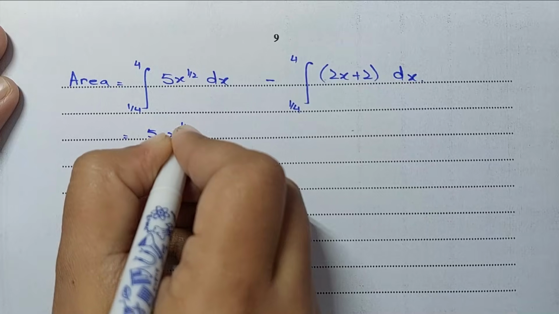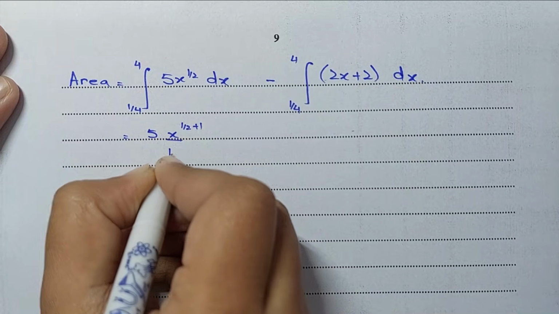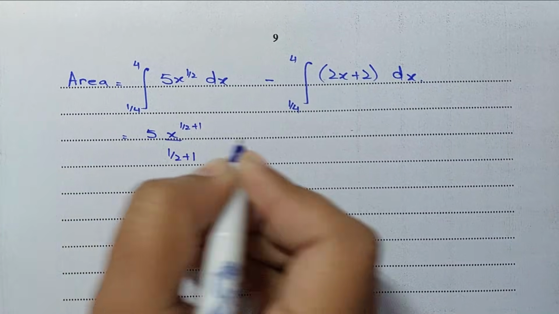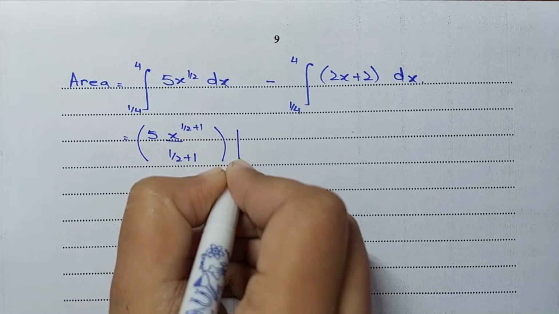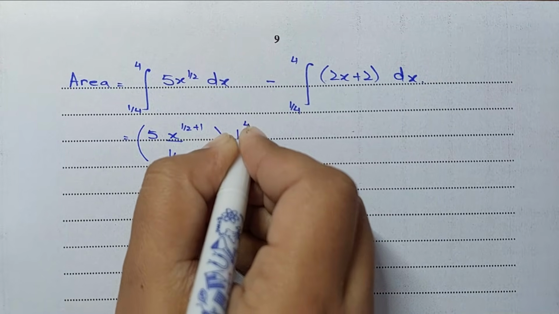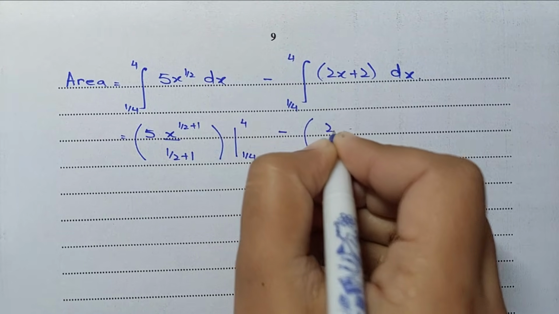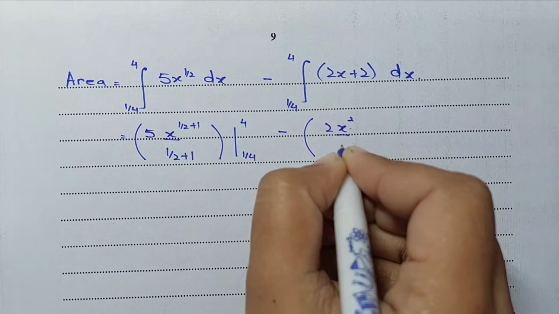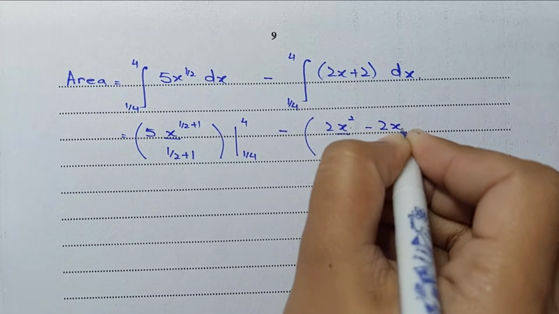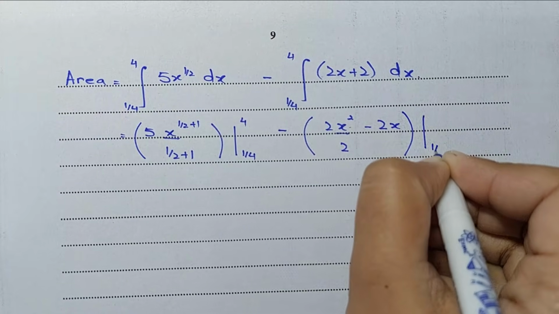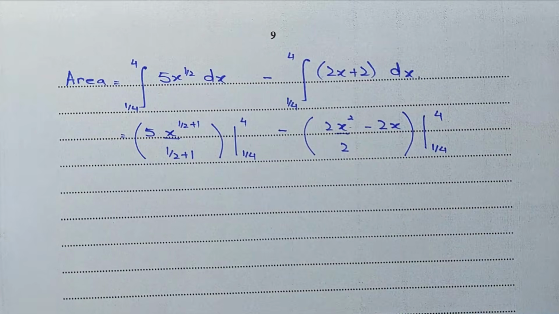5x to the power 1 by 2 plus 1, over 1 by 2 plus 1, using the power rule of integration. The limits are from 1 by 4 till 4, minus the integration of 2x, which is x squared divided by 2, minus 2x, and the limits are from 1 by 4 to 4. Okay.